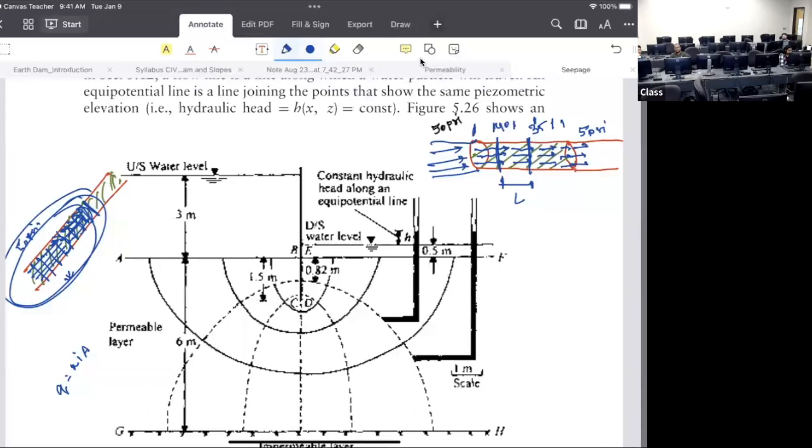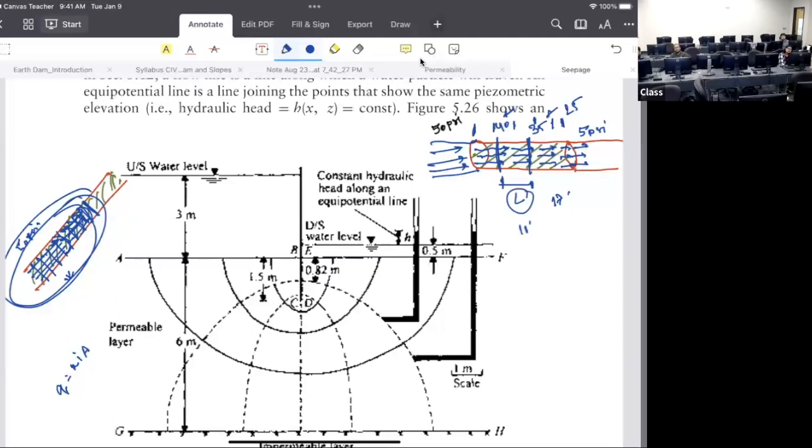I'm just throwing arbitrary numbers here, like 40 and 35, right? So if we know the 40 and 35, maybe our length is L. Let's say that length is 10. Now if you consider between 40 and 25, that length may be 17. So we have no idea what part is influencing what.